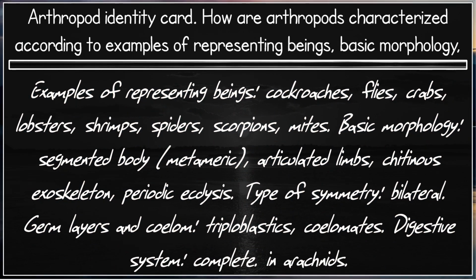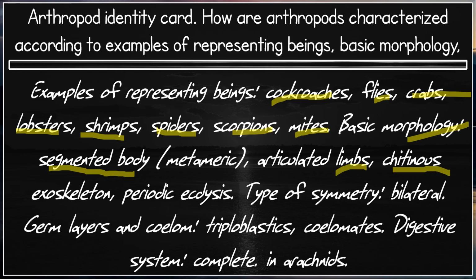Examples of representing beings: cockroaches, flies, crabs, lobsters, shrimps, spiders, scorpions, mites. Basic morphology: they have segmented bodies, that is, metameric, articulated limbs, chitinous exoskeleton, periodic ecdysis. Type of symmetry is bilateral. Germ layers and coelom: they are triploblastic, coelomate.